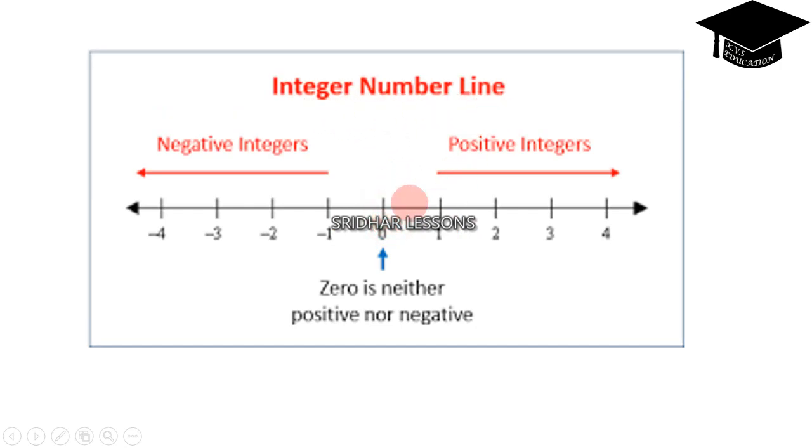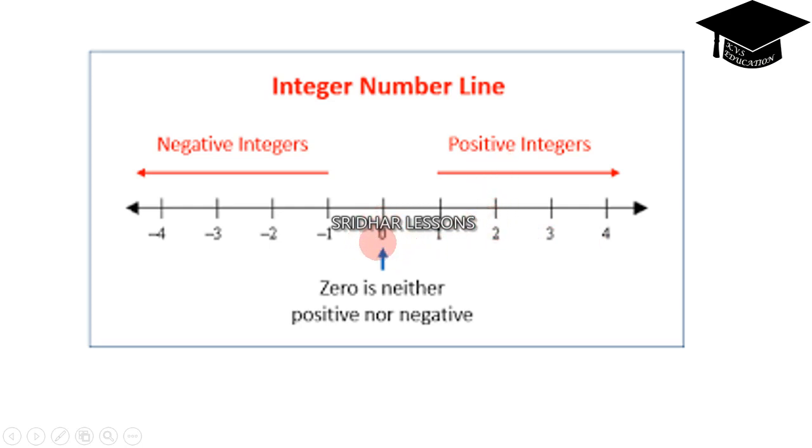Integer number line. This is the number line which represents integers on the number line. Here 0 is in the middle part of the number line, and to the right side we have all positive numbers, that means with plus sign. These are the positive integers.